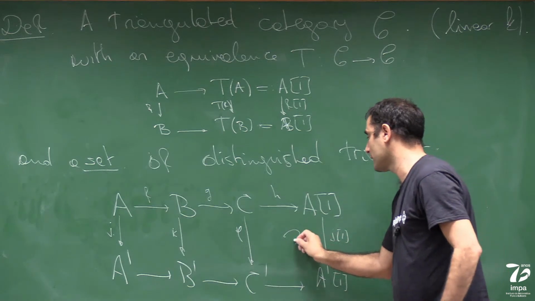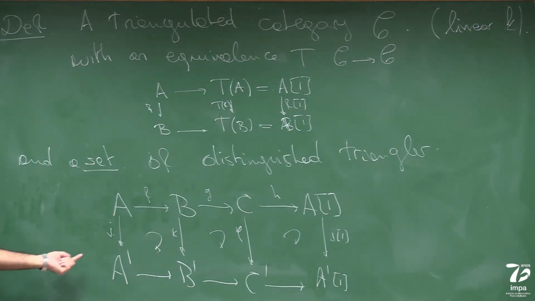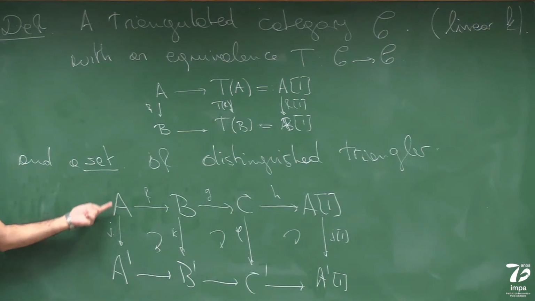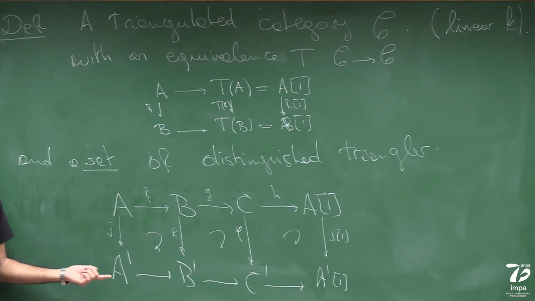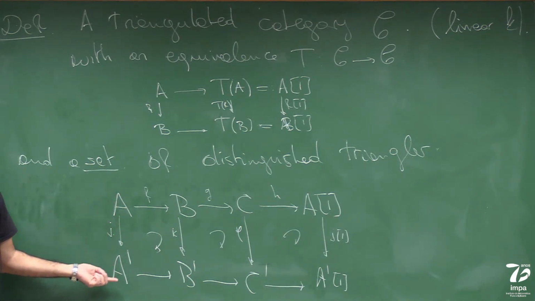I'm going to require that this diagram commutes. Such a collection of morphisms is a map between distinguished triangles. Composition of maps of triangles is clearly well defined, and I'm going to declare an isomorphism to be an invertible map.